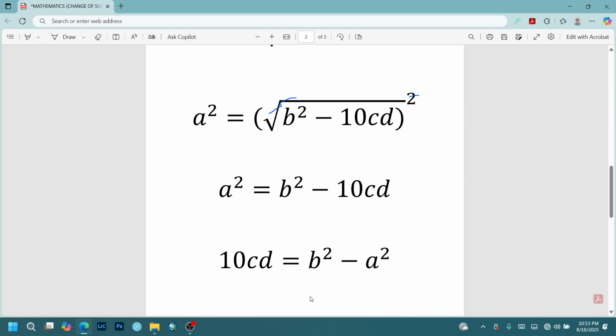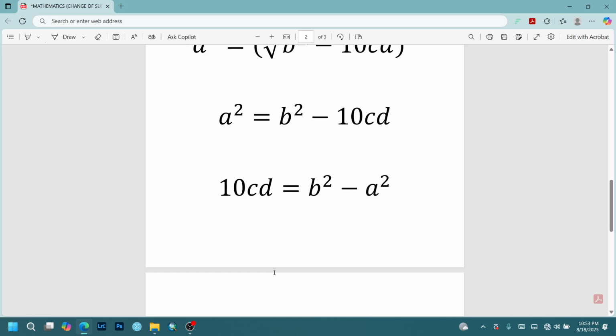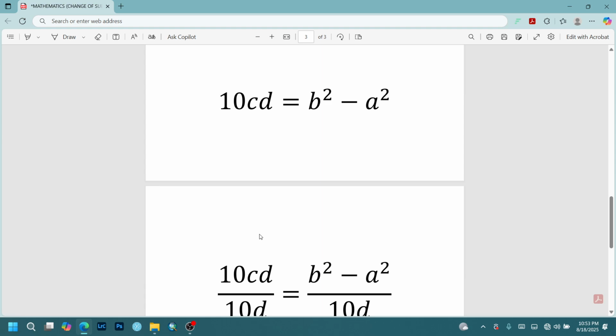Here, we want C to be the subject of the relation, so that means we want C to be an independent variable. In doing so, we have to do some cancellations. When you look at 10CD, the variable that, when we cancel out, would make C the subject of the relation is 10D.